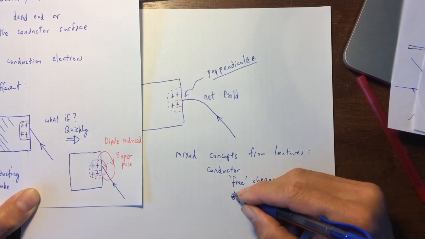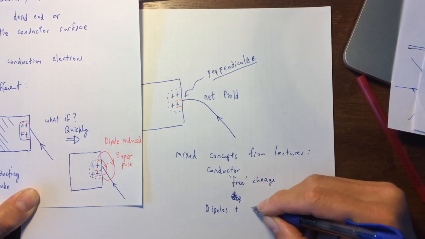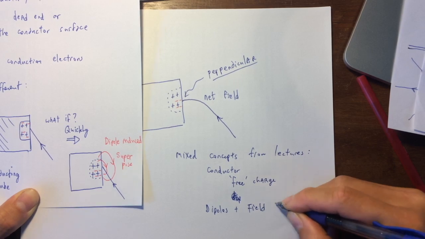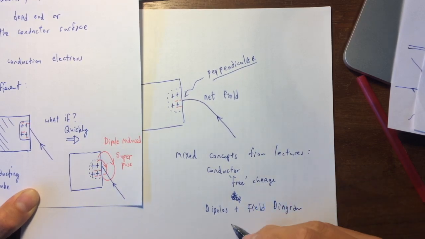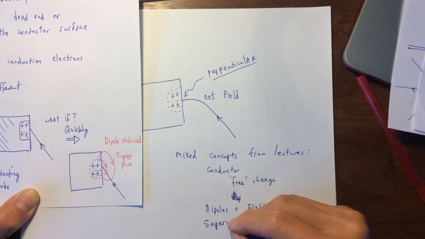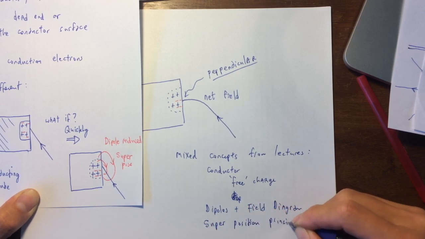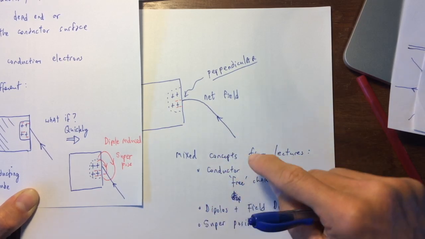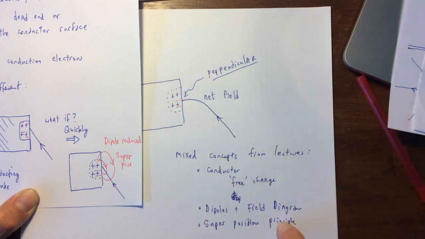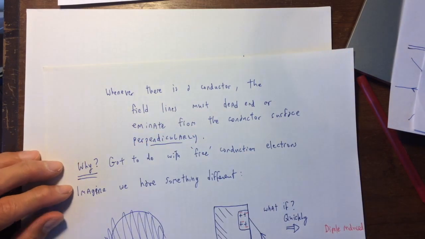I mixed in dipoles and the field diagram of a dipole, and I also mixed in the superposition principle. And I figured out a problem. So I used these concepts, right? I mixed up a bunch of stuff, and I could answer this question.